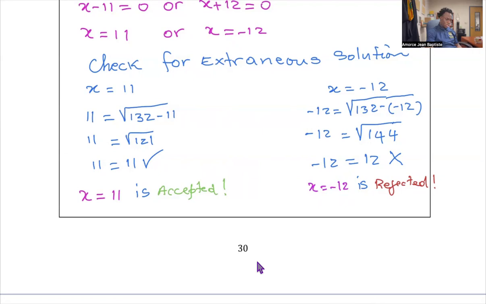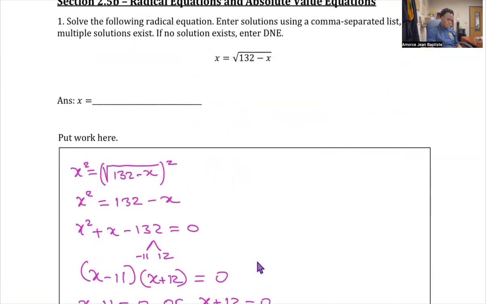So your solution is the single set containing 11. Here, I always provide the answers. So that's 11.